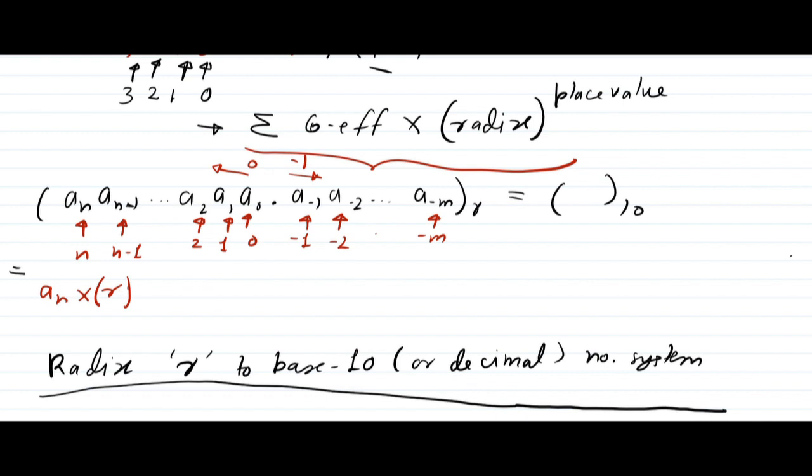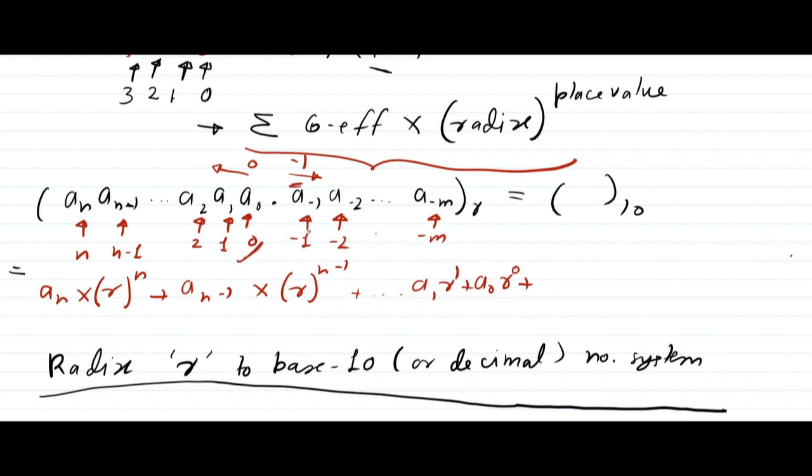So a_n into the original radix raised to the power of the place value, which for n is n, plus a_(n-1) multiplied by the original base r raised to power n minus 1, plus dot dot dot, and it goes like this until a_1 r raised to power 1 plus a_0 r raised to power 0 plus. So up to this point we have done.